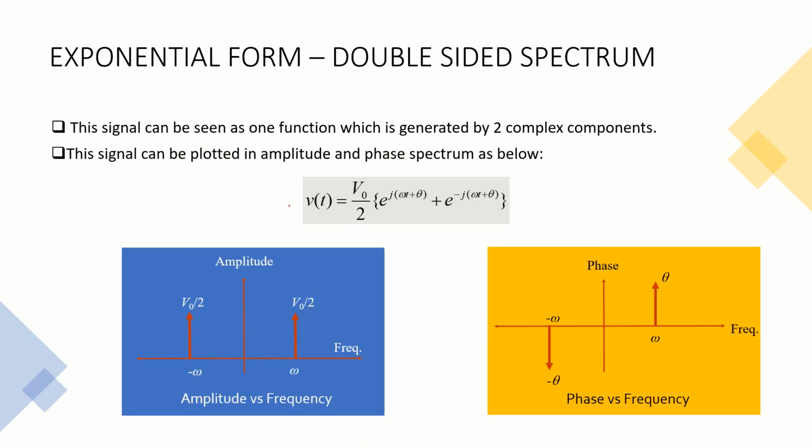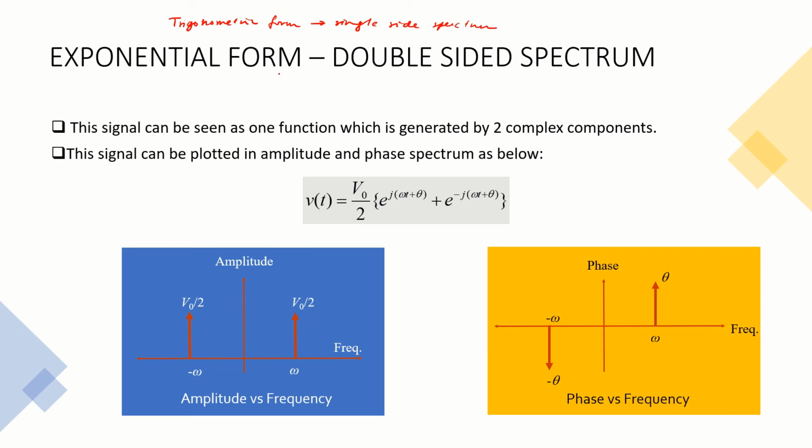All right, so now let's look into the exponential form. As I just mentioned, if it is in a trigonometric function, your spectrum is going to be a single-sided spectrum, only on a single side.